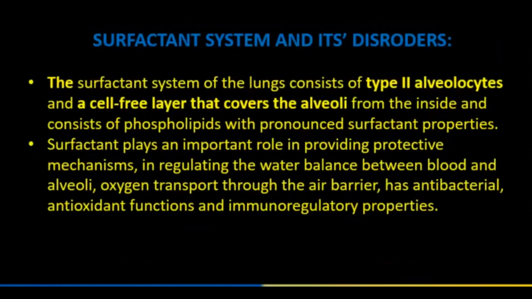Surfactant system and its disorders. The surfactant system of the lungs consists of type 2 alveolar cells and itself 3 layers that cover the alveoli.